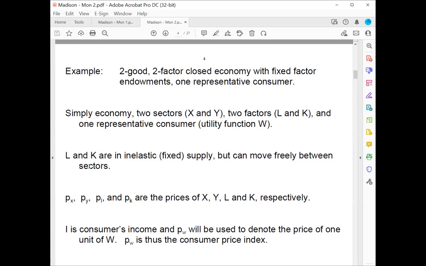So there are four prices in the model: price of good X, good Y, labor, and capital. I is the consumer's income, and PW will denote the price index of one unit of W. So it's the cost of buying one additional unit of utility, which in the Hicksian problem I showed you is the value of that Lagrangian multiplier mu.